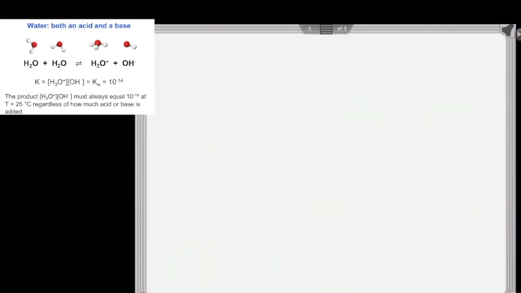What I'm saying is, if I take one molecule of water, this red one here, and I take another molecule of water, the blue one, because water, yes, it's neutral, but it has this sort of duality where it can act as either an acid or a base, I can track this out. This molecule of water will act like a base. It will pick up a proton and make H3O+.